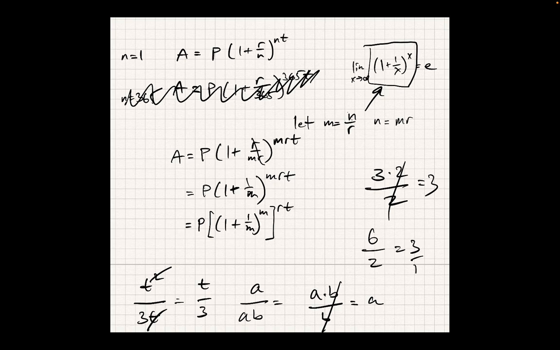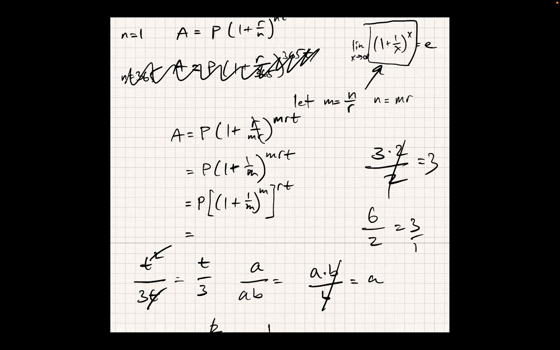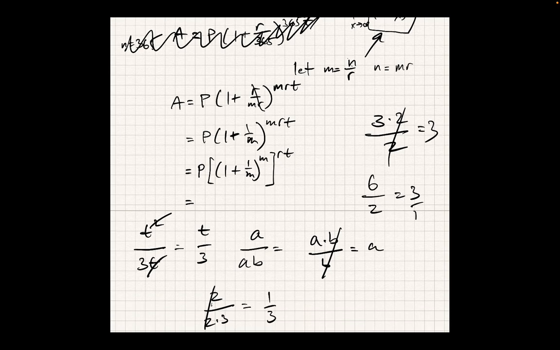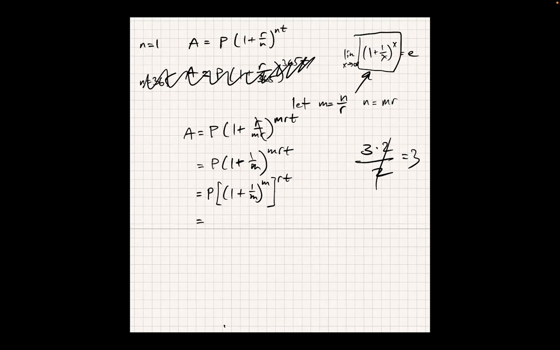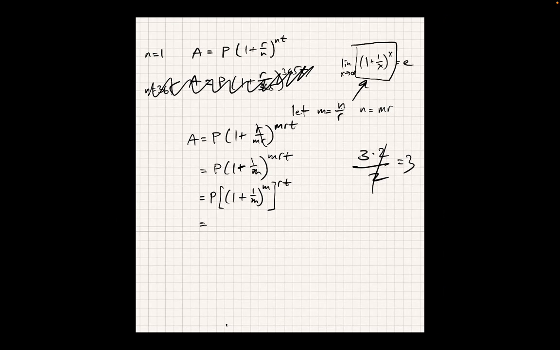So what is this formula now as m approaches infinity? So in the limit as m grows without bounds of this 1 plus 1 over m to the m, to the RT, what happens to this as m grows without bound?